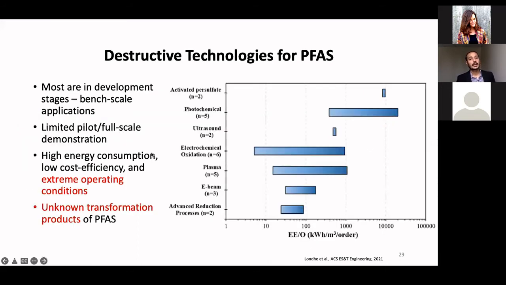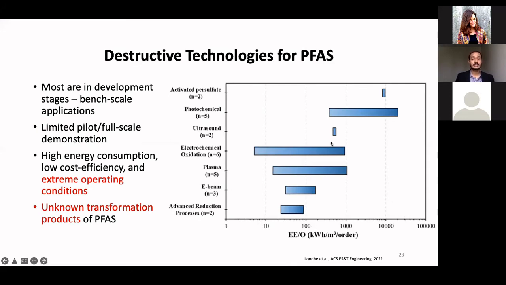There are several destructive technologies that are being studied and researched for PFAS destruction, but most of these technologies are in development stages. They've been evaluated at bench scale treatment of water. They show very limited pilot and full scale demonstrations. Some of the examples are shown in this figure on the right, which compares the EEO for various destructive technologies.